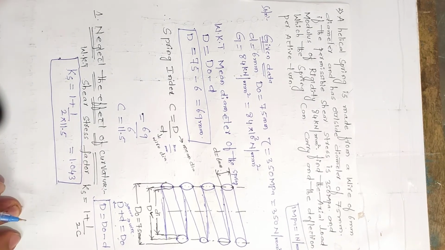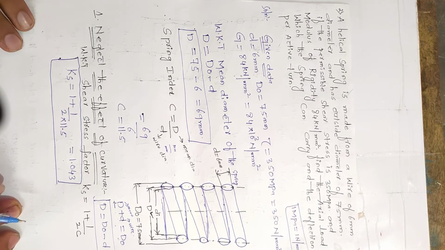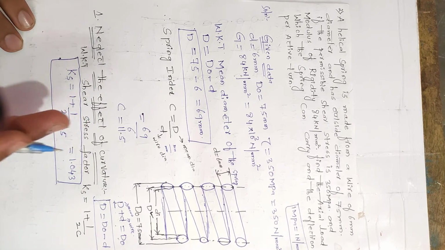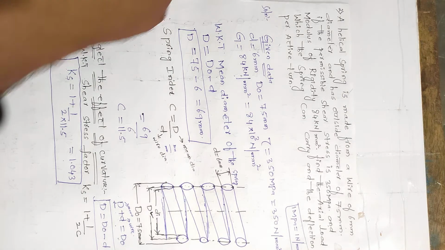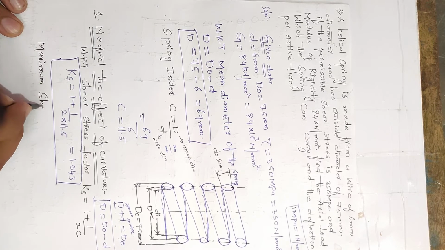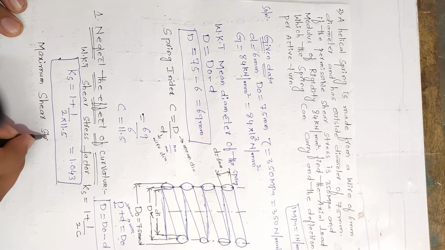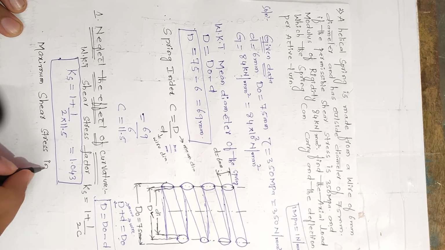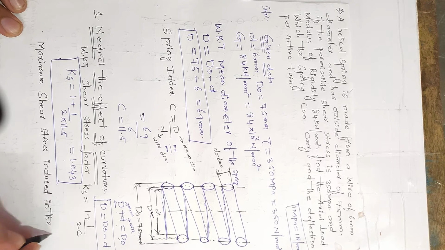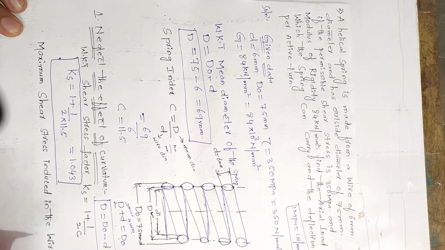1.043. After that, what do we need to find out? We need to find out the value of W. We can easily find out the value of W with the help of the maximum shear stress induced in the wire. We already learned this formula in the first problem.